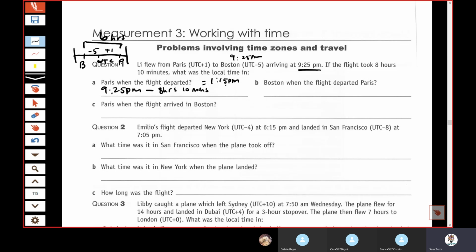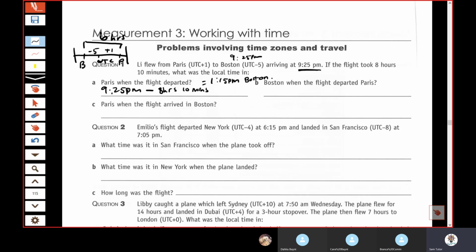But 1:15 p.m. is the time it would have been in Boston, right? Do we understand that? Yes. So 1:15 p.m. is the time you would have left Paris, Boston time. But you want to work out what that time would be in Paris time.